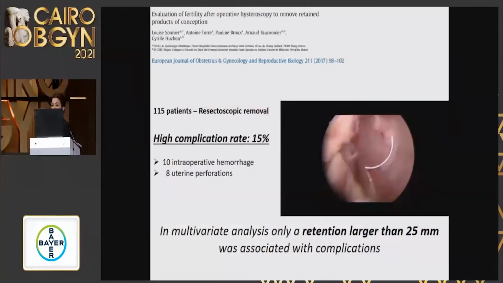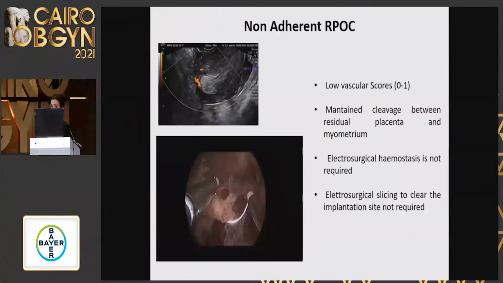The limit of this paper that I show you is that the doctor before did not evaluate the vascularity. So we have a high hemorrhage and 8 cases of perforation.